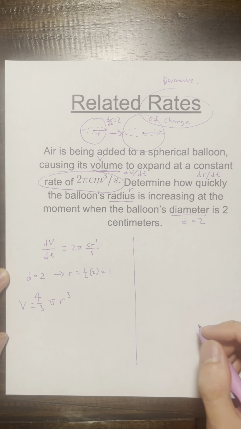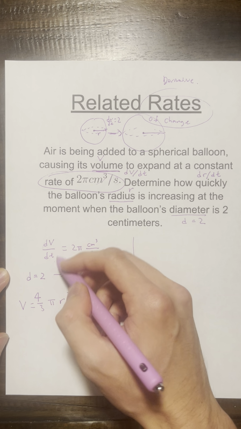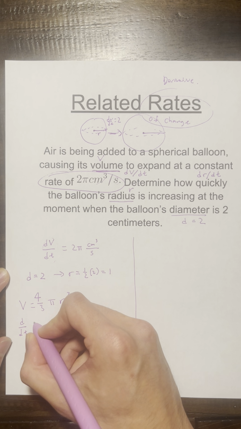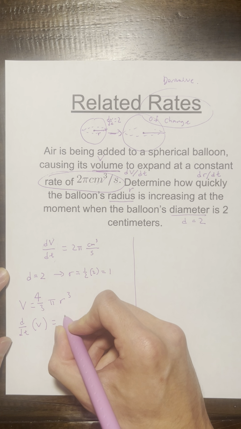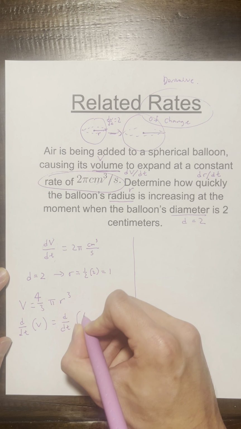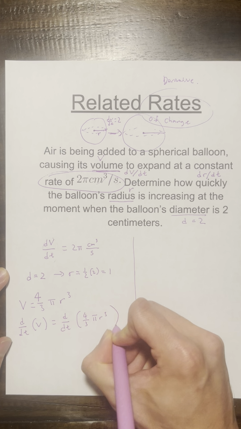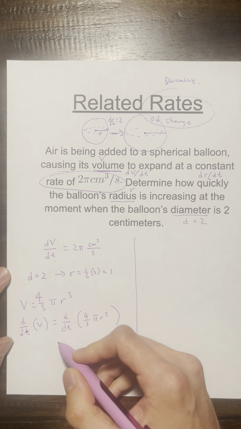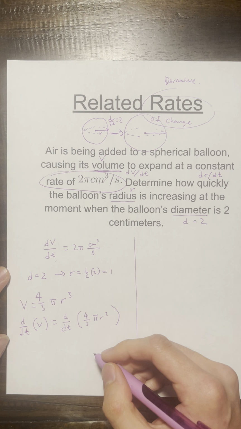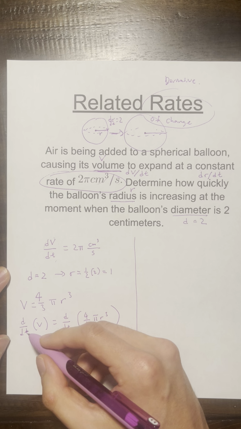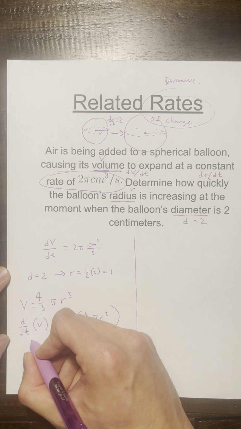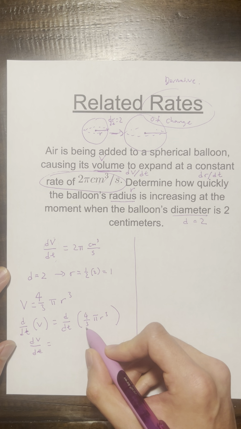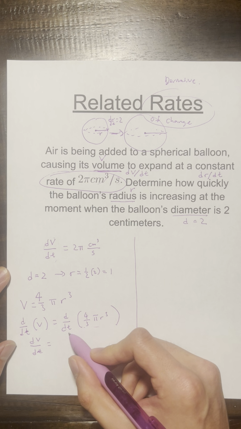Well, you're going to have to introduce them by taking d/dt of both sides of this equation. If I take d/dt of both sides, then I'm going to get dV/dt is equal to the derivative of this with respect to t.